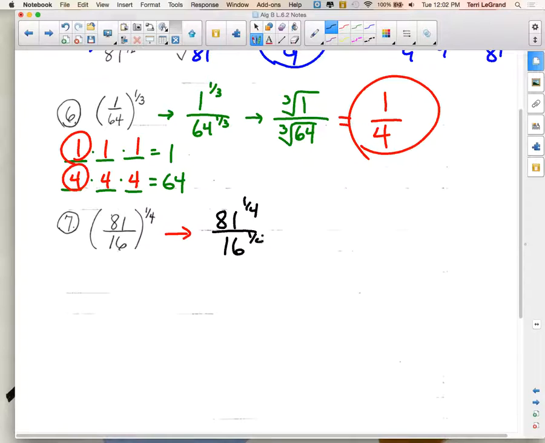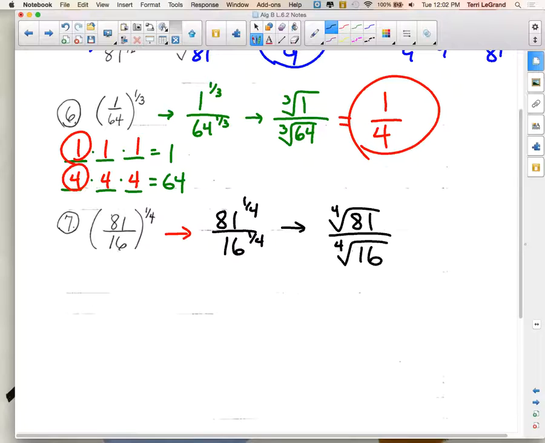Okay. Written in its radical form, Michaela, could you tell me how I would write it then? Like what would be the number outside, the 4, and then what would be underneath the radical sign? 81. And downstairs, Abby, what would it be? 16, with the 4.